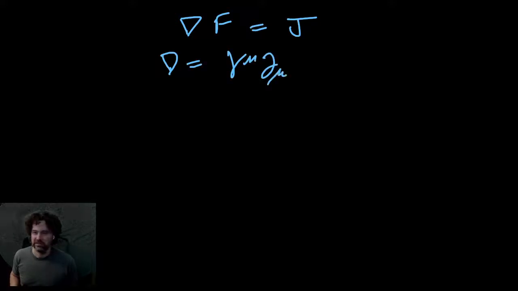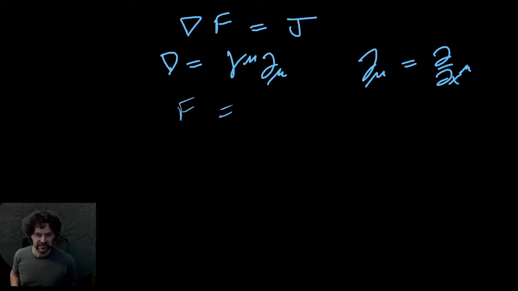So our STA form of Maxwell's equation is grad F equals J. And just to summarize, grad is a differential operator, and F is a bivector.